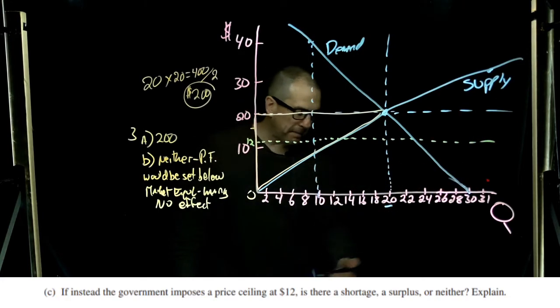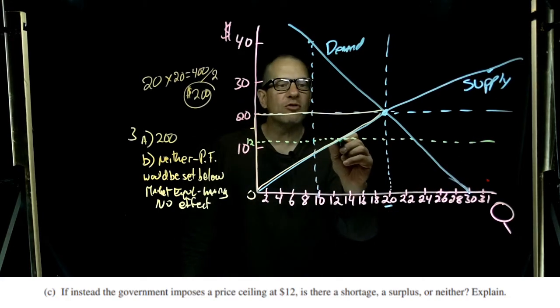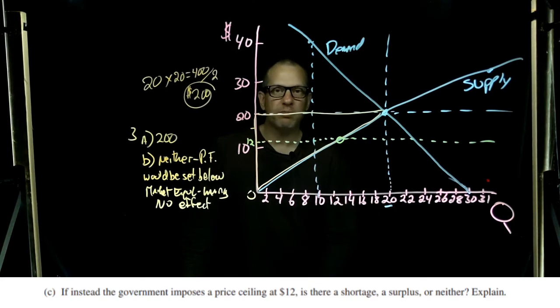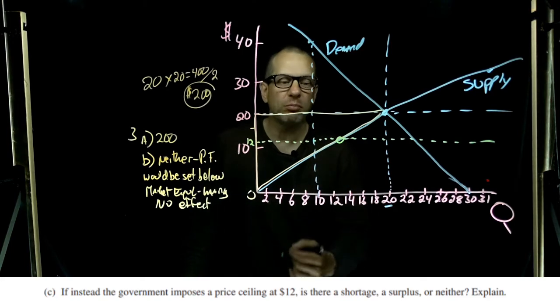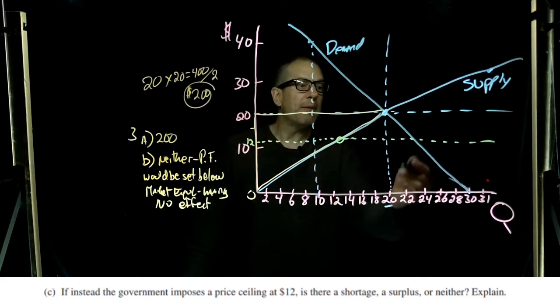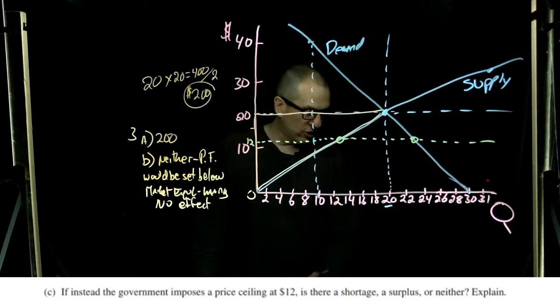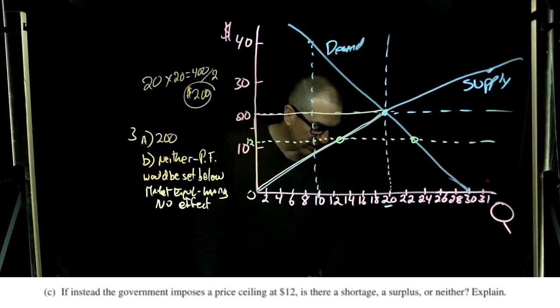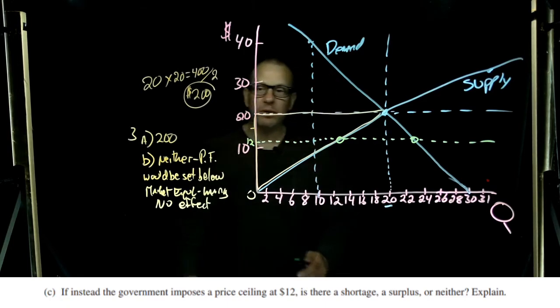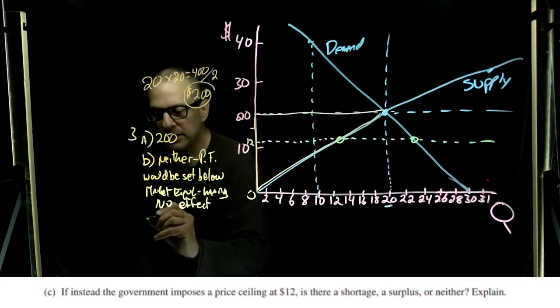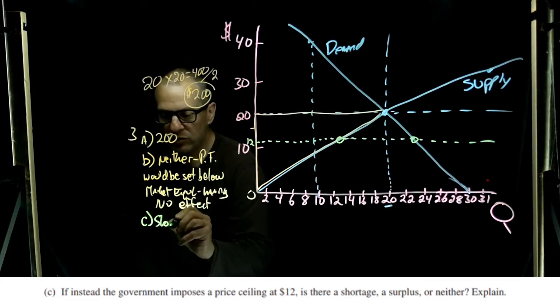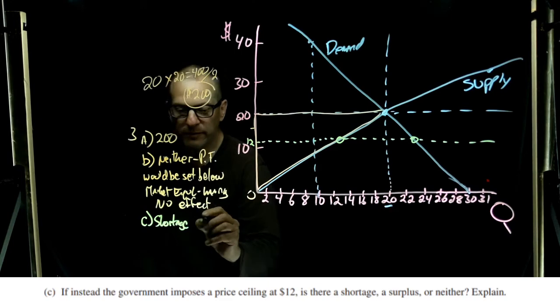And we would see that based on this chart right here, this is what producers would be willing and able to supply, would be around that amount, but the demand, because it was such a low price, would be a lot higher. So what happens here is it says, would there be a shortage, a surplus, or neither? There definitely would be a shortage. So C, shortage.